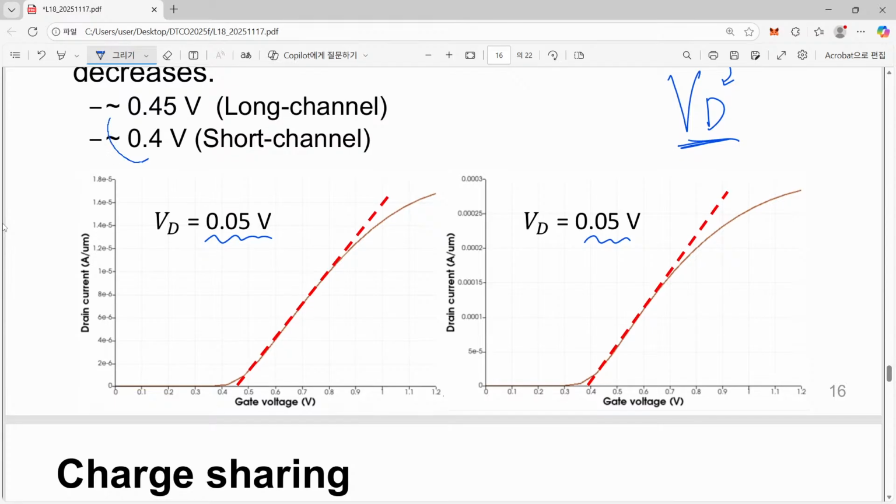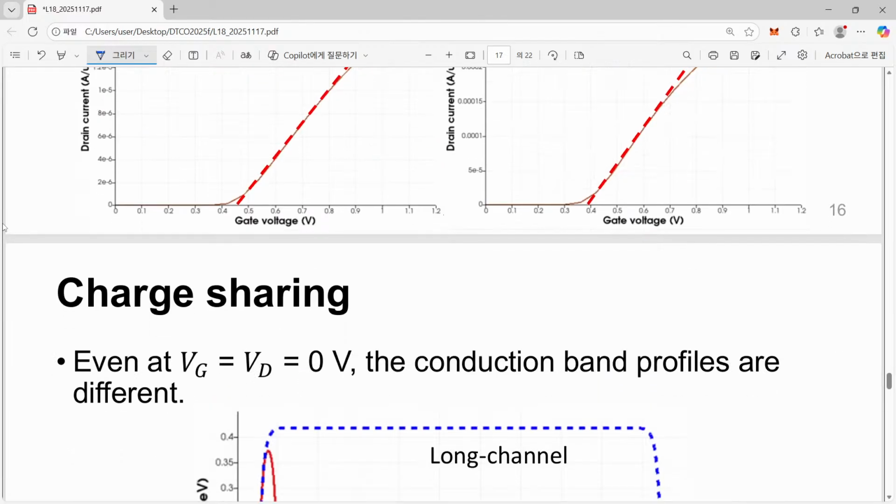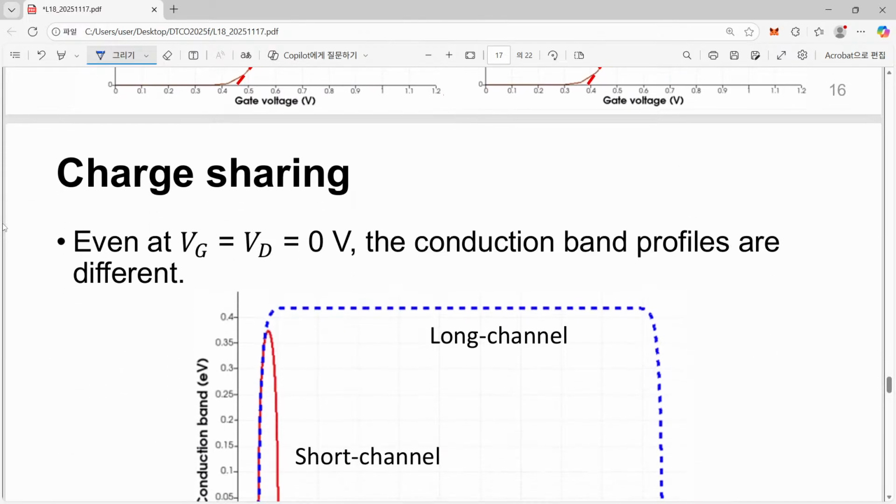So you can see that a 50 millivolt difference is observed in this same technology, but just with a shorter channel, and it shows a different threshold voltage. So it is called the charge sharing effect.